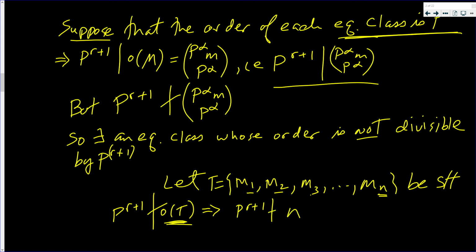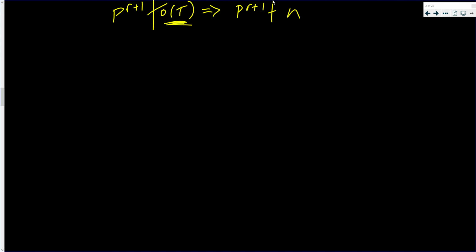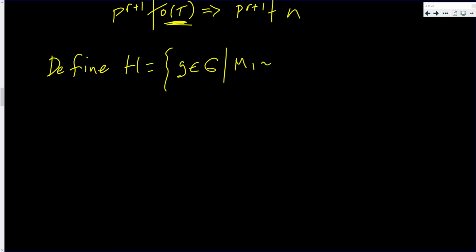So p to the r plus 1 does not divide n. So now we're going to make this subgroup. Define H to be the set of all G in the group G such that M1 is related to M1 times G.